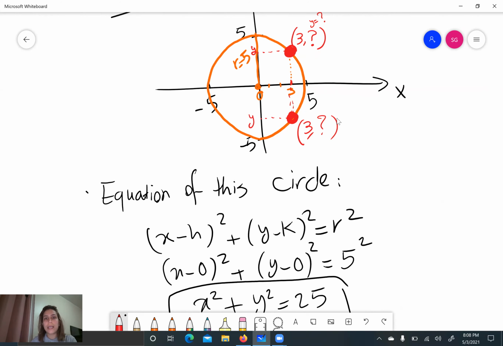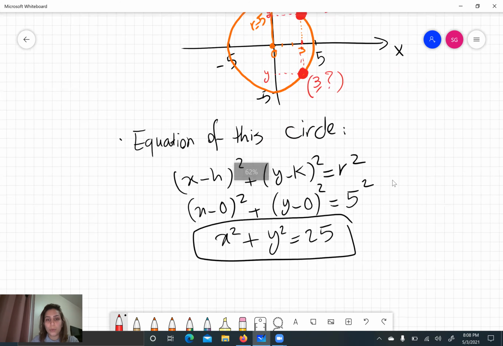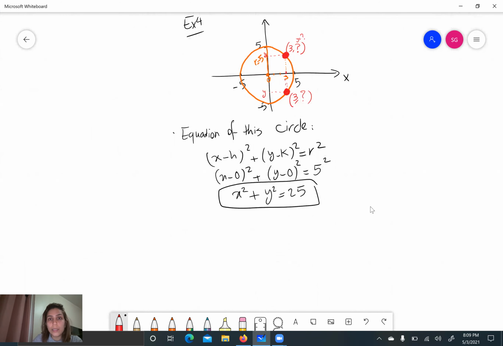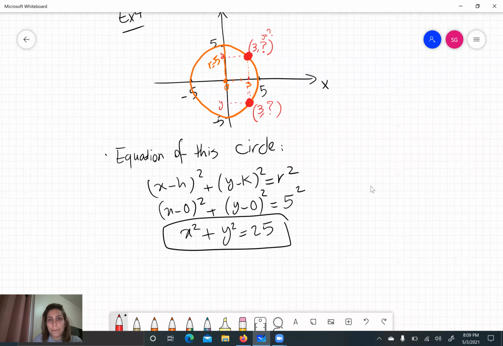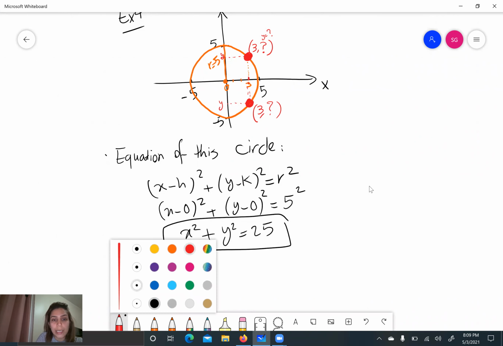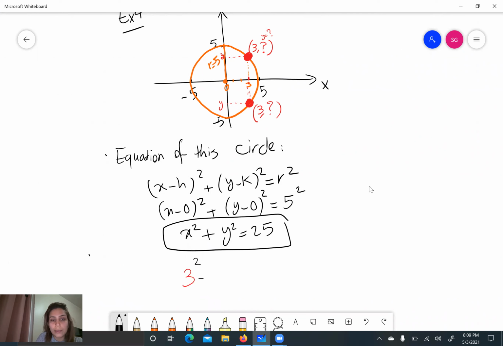So the question is, find those points. Let's use the equation of the circle, because we know the relationship between x, y, and r. We just know that x is 3. So substitute 3 into the equation and then solve it for y.